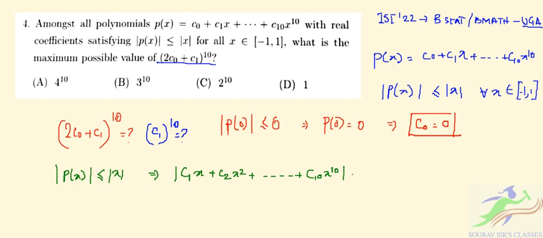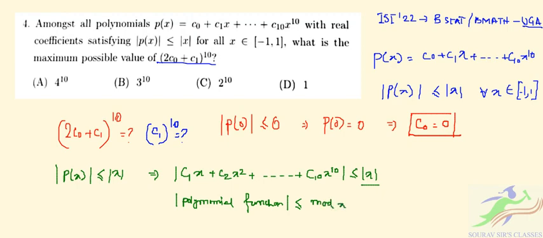This should always be less than or equal to |x|, right? So the graph of the polynomial function should always be below the graph of |x|. The modulus of the polynomial function is always less than or equal to the mod of x.